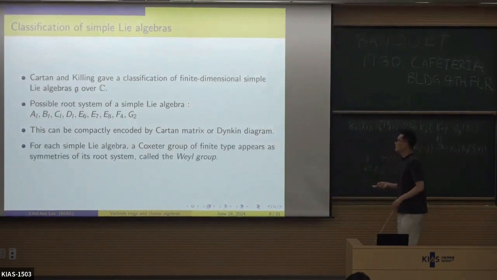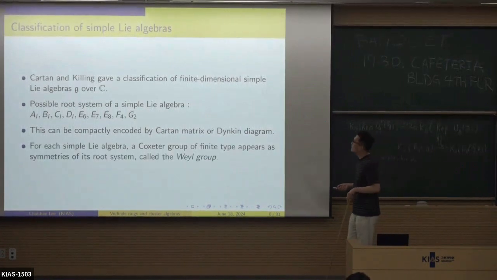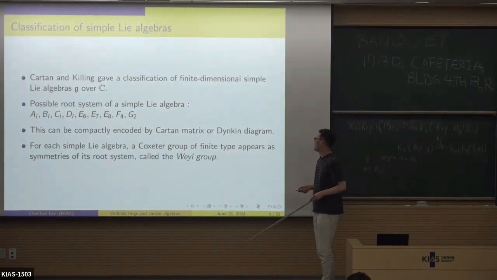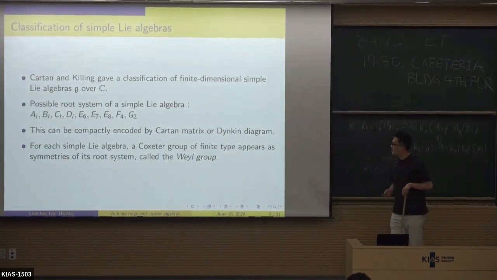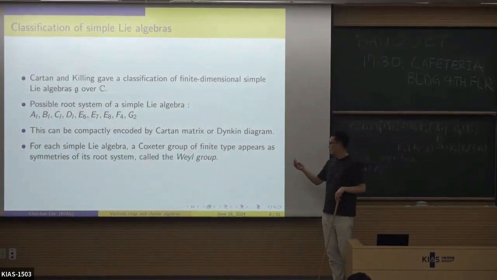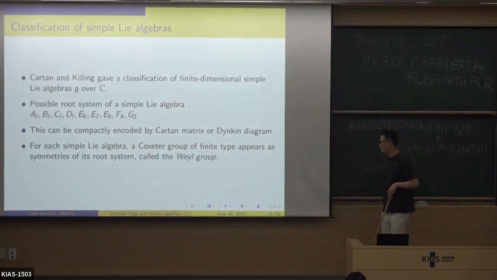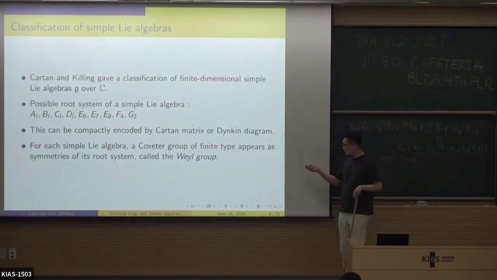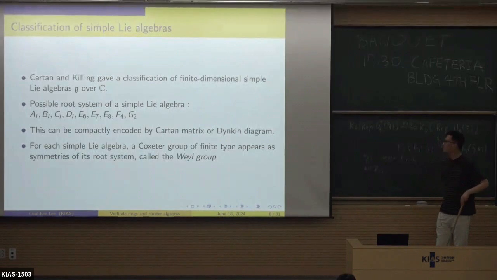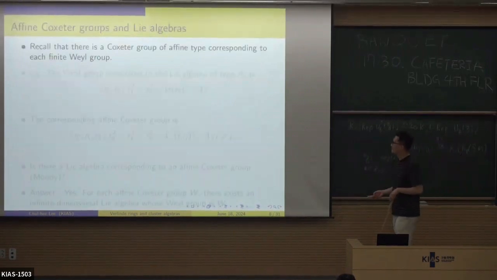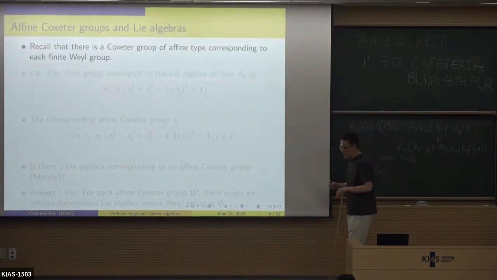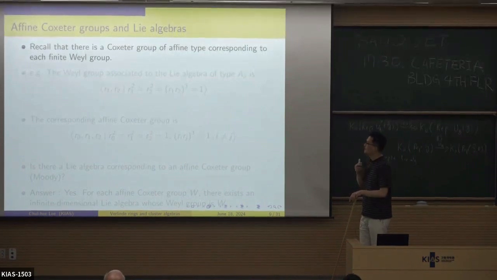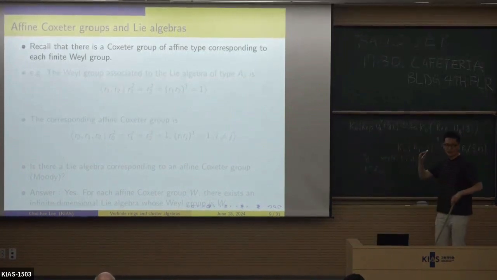And the relation between Lie algebras and Coxeter groups is this. For each simple Lie algebra, we can find a Coxeter group of finite type. Because the root system has many symmetries, the Coxeter group of finite type appears as symmetries of the root system, and we call the group the Weyl group. In the previous class, I showed the list of finite type Coxeter groups and affine type Coxeter groups.